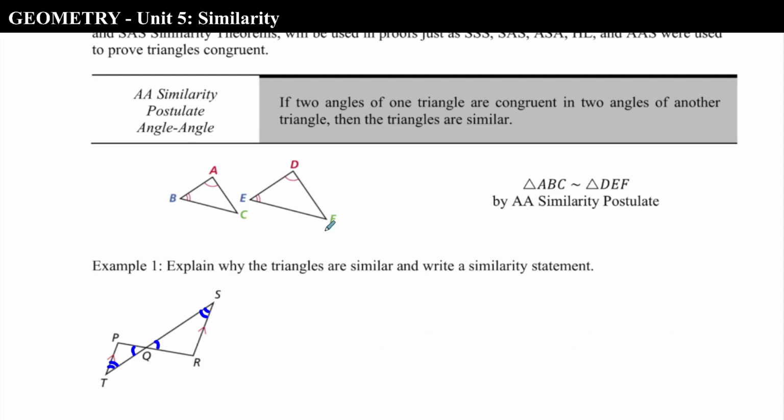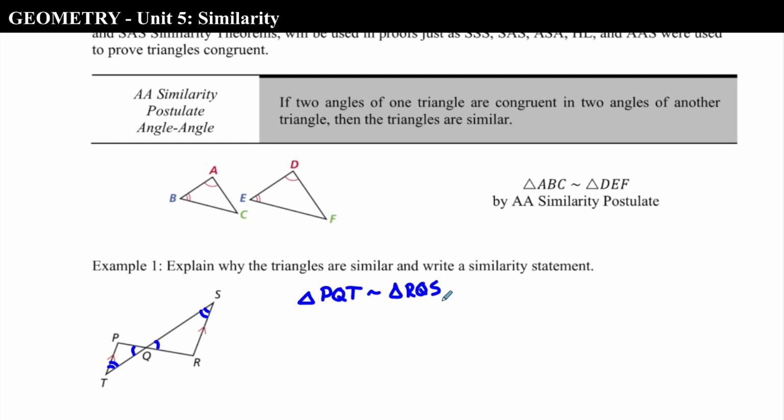So, since we know those things, then we can say that triangle PQT, so we're looking at no marking, one marking, two markings, is similar to triangle RQS, no marking, one marking, two markings.